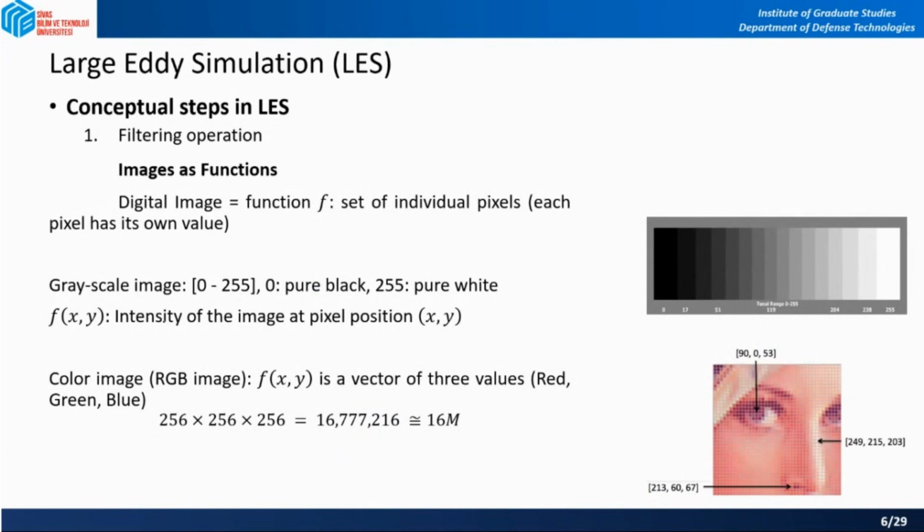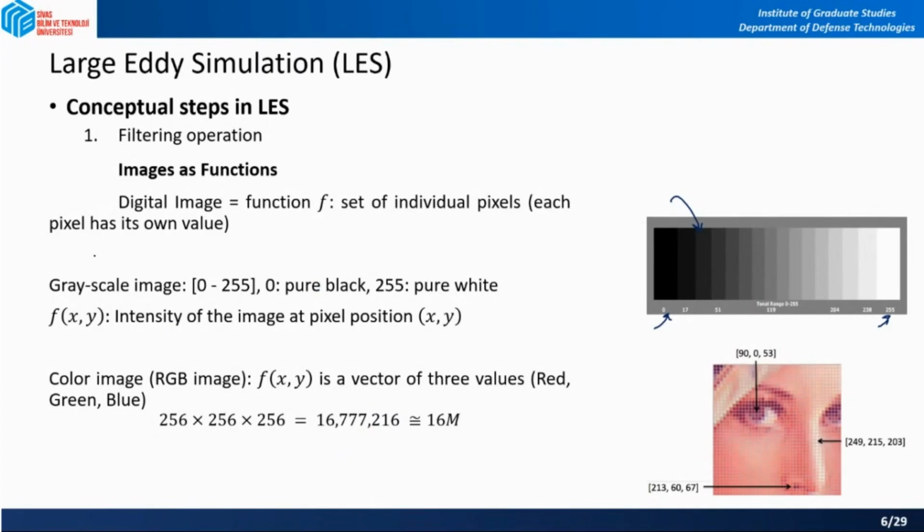A digital image has pixels, and we interpret this as a function f, and each pixel also has its own value. For a grayscale image, for example, you see this grayscale range in here. Each pixel would have an intensity between 0 and 255, right? The 0 is pure black, the 255 is pure white.